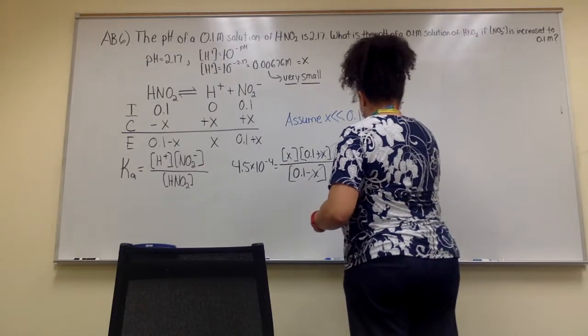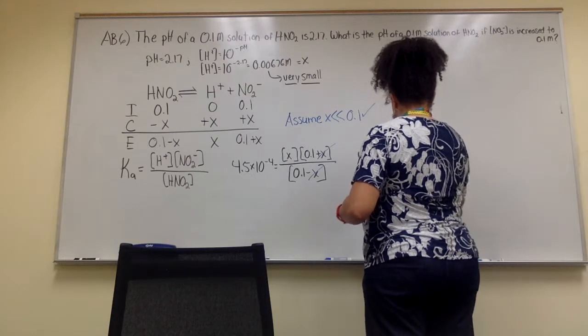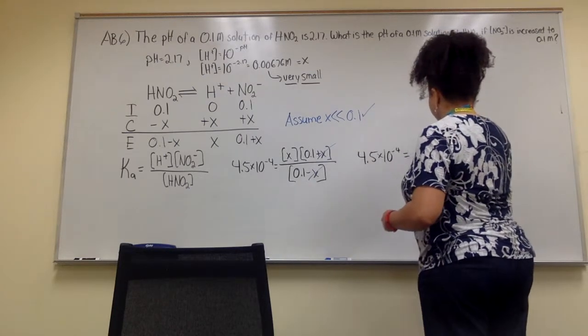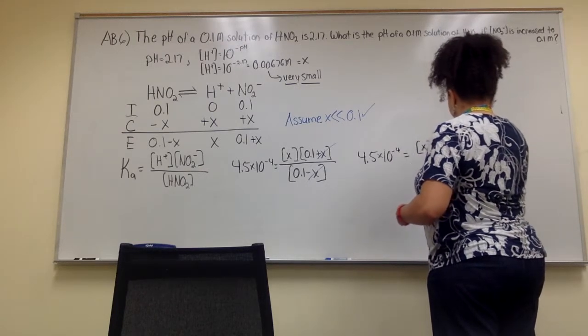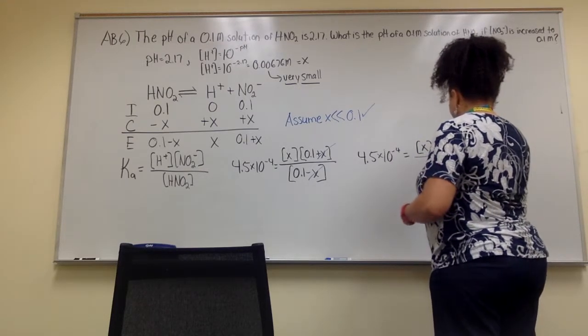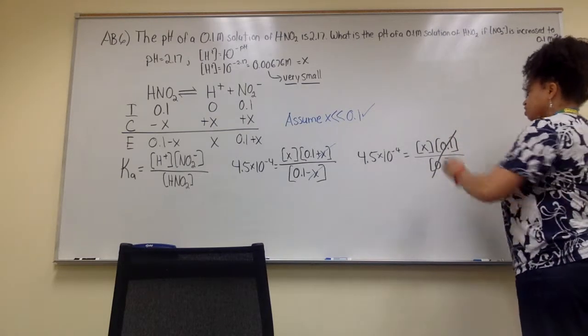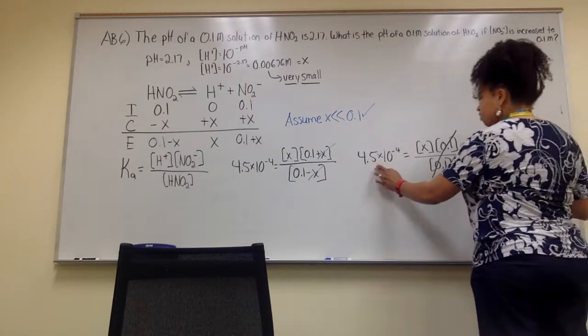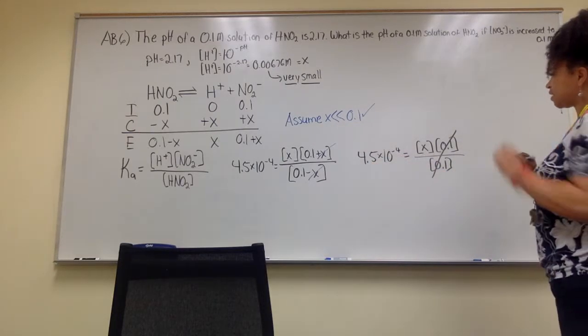So 4.5 times 10 to the minus 4 equals x times 0.1 over 0.1. These are going to go away, so we assume that x is equal to 4.5 times 10 to the minus 4, which is really the Ka, right?